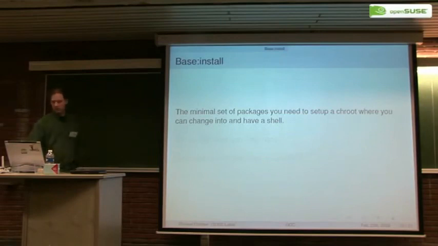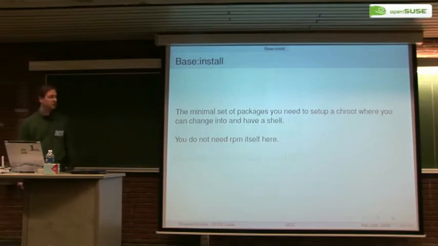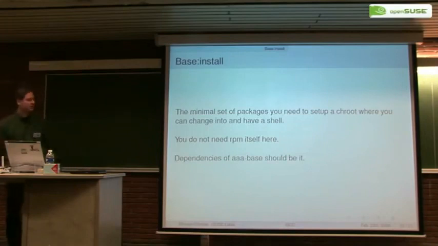But in this one, for example, you don't need RPM itself in principle, because you don't need a package manager in the installed system if you don't want to install additional packages. So, in principle, everything that this magic package aaa_base depends on should be that minimal system.